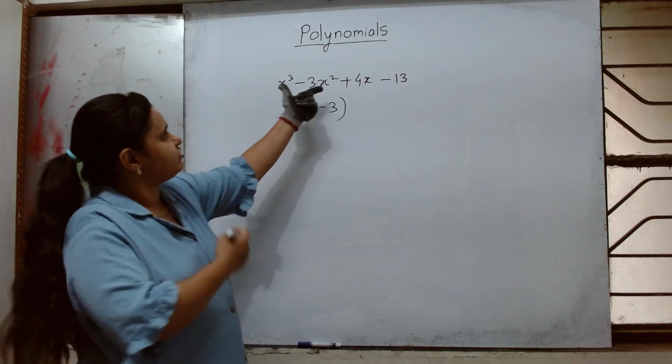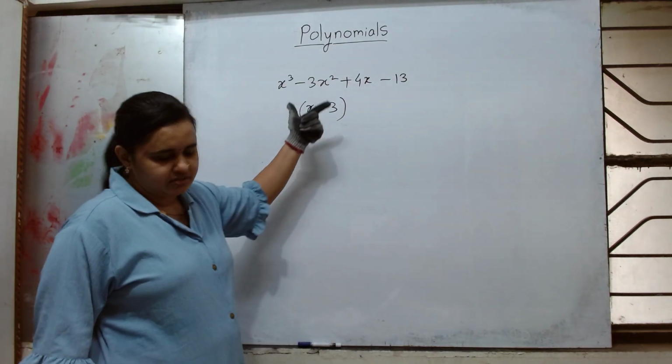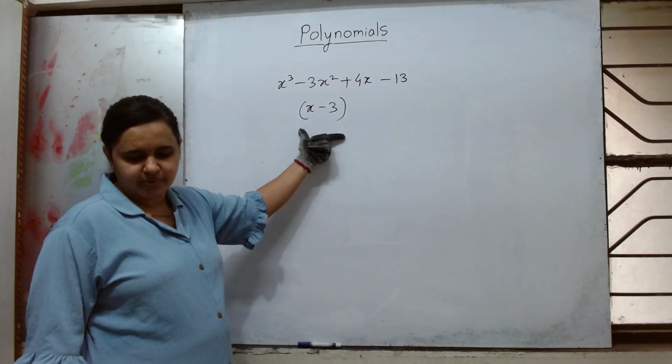What should be added to this polynomial so that it should be exactly divisible by x minus 3?